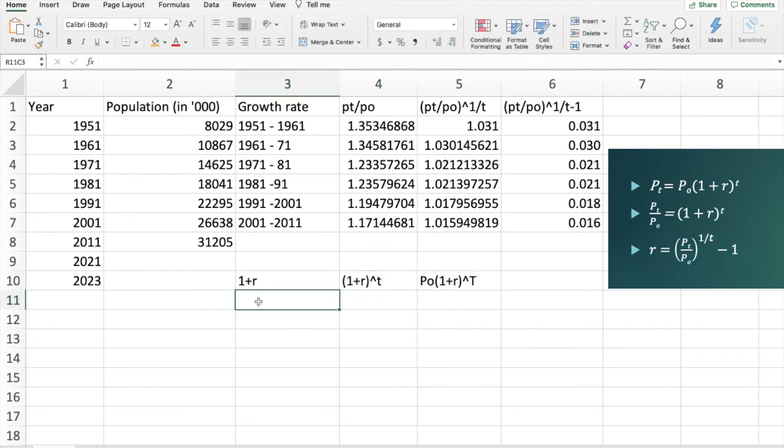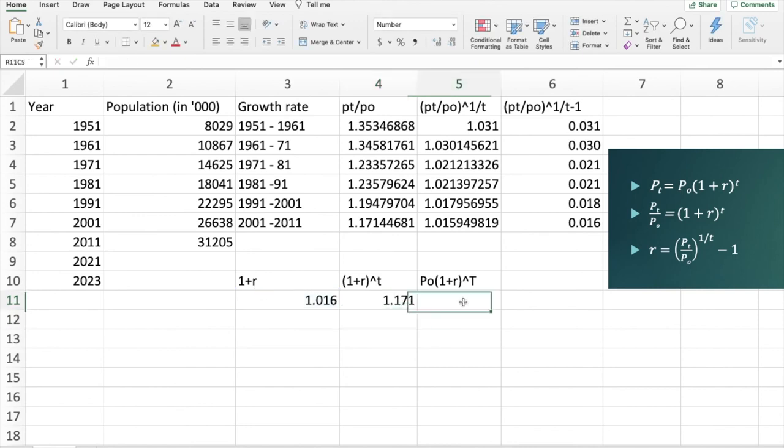Now equal to 1 plus, what is our R? This one is our R. So we will select this R. Then 1 plus R to the power T. So equal to, this is 1 plus R value to the power, what is our time period? As we are going to calculate for 2021, the time period is 10.